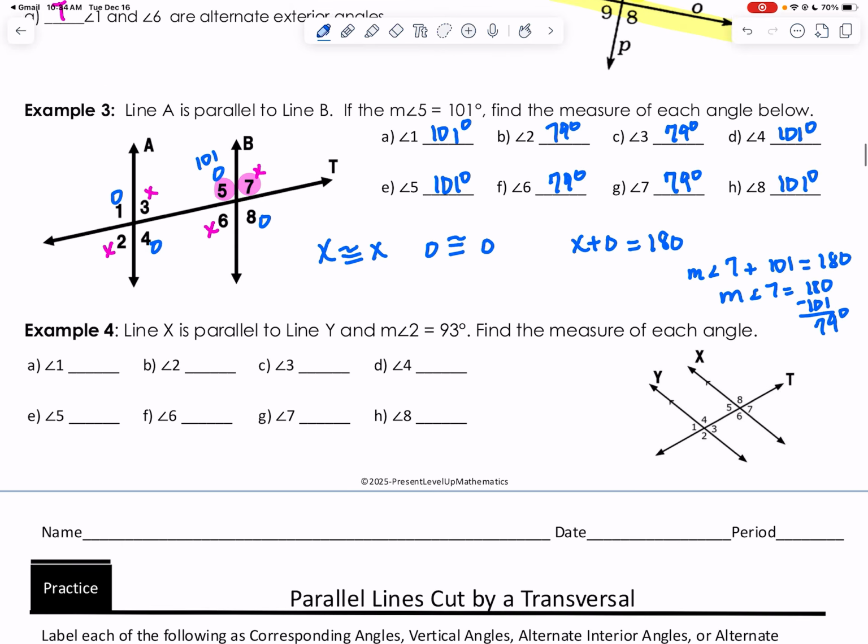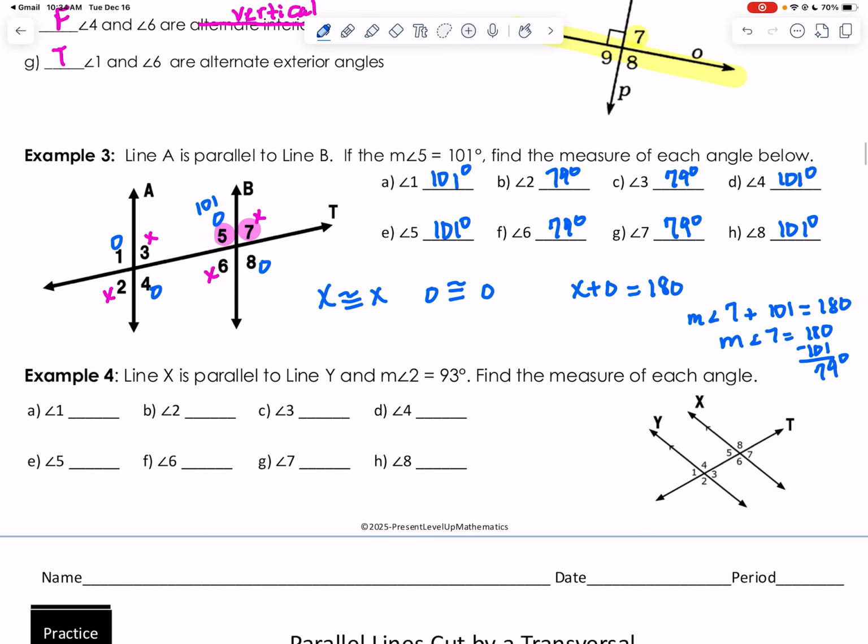All right, example 4. Line X is parallel to line Y, and the measure of angle 2 is 93 degrees. All right, now let's label this with our X's and O's.